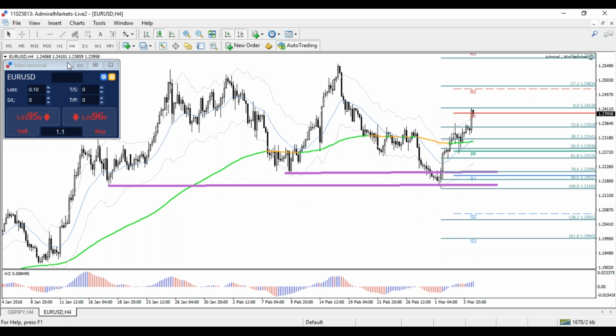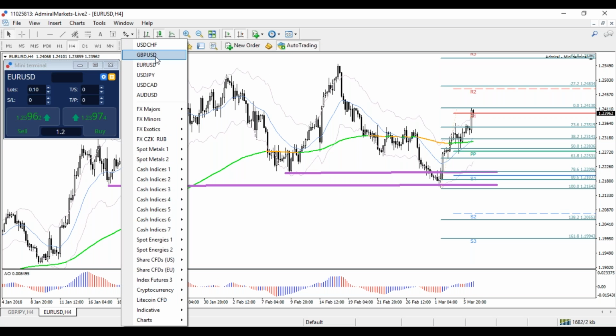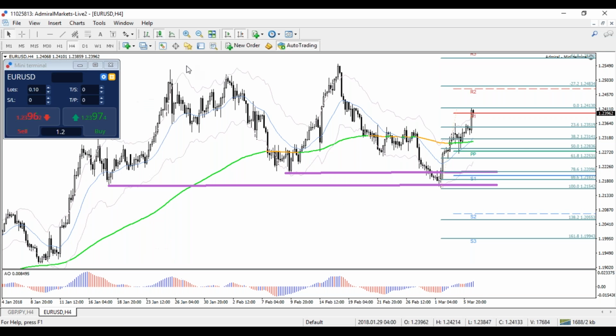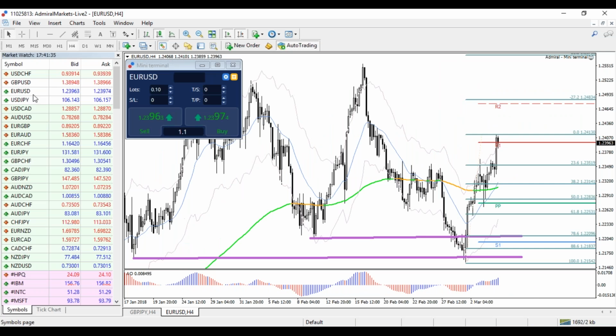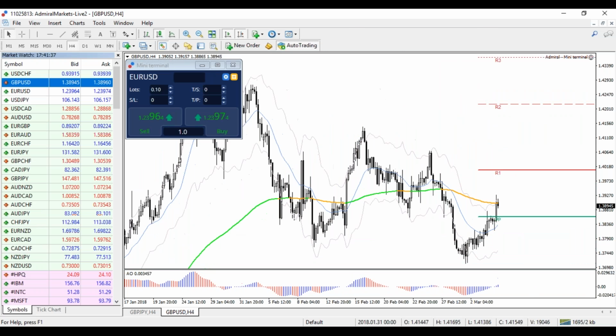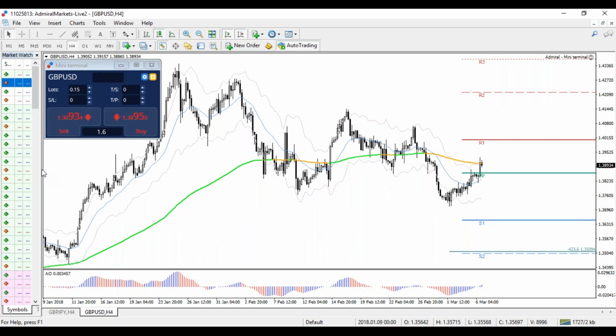Let's take a look at the pound dollar. Oh, that doesn't work.